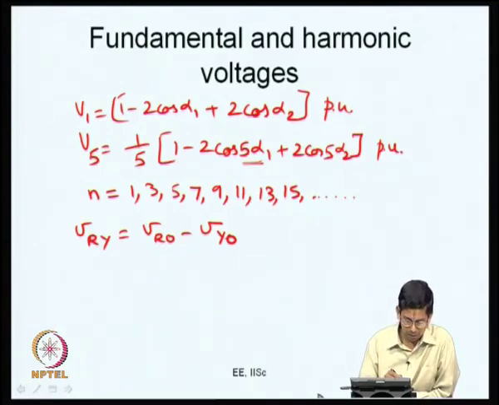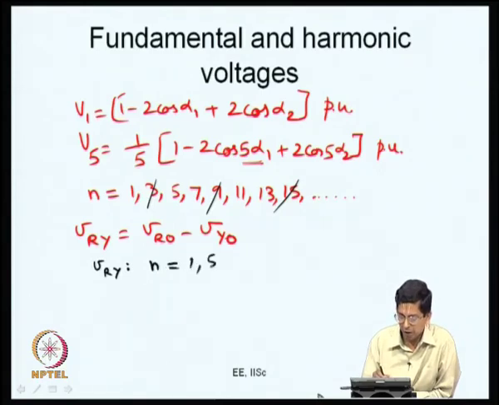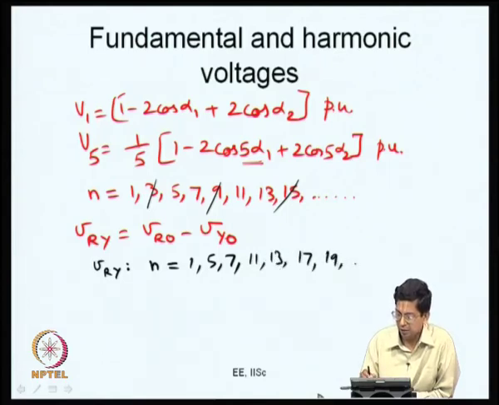So, what will happen is, the third harmonics will all go off. If you look at V R O, you will have all the harmonics. If you look at V R y, it will have only n is equal to 1, 5, 7, 11, 13, then 17, 19, etc. So, you will see pairs of harmonics, this is around 6, this is around 12, this is around 18 and so on.